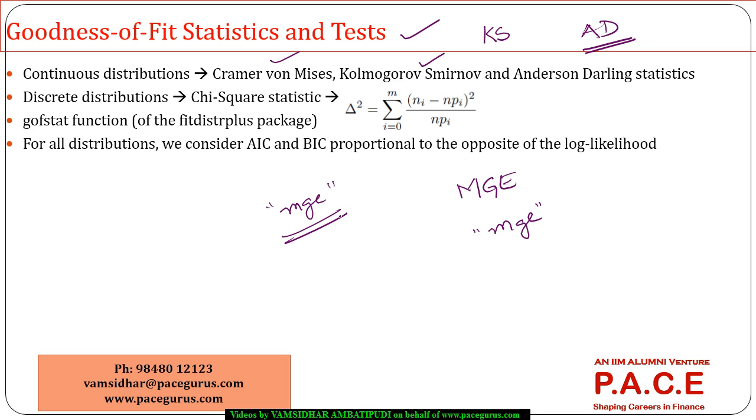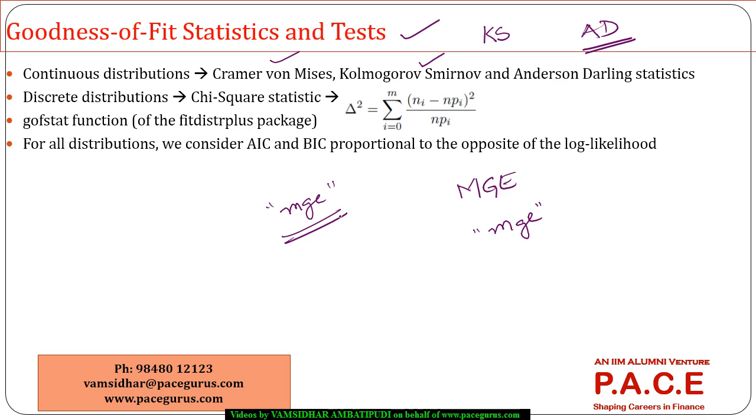But yes, if I am fitting discrete distributions, like let's say for a particular data set I am fitting a Poisson distribution, binomial distribution, or some such distributions, in that case if I have to really compare across the distributions, I have to rely on the chi-square statistic, right?